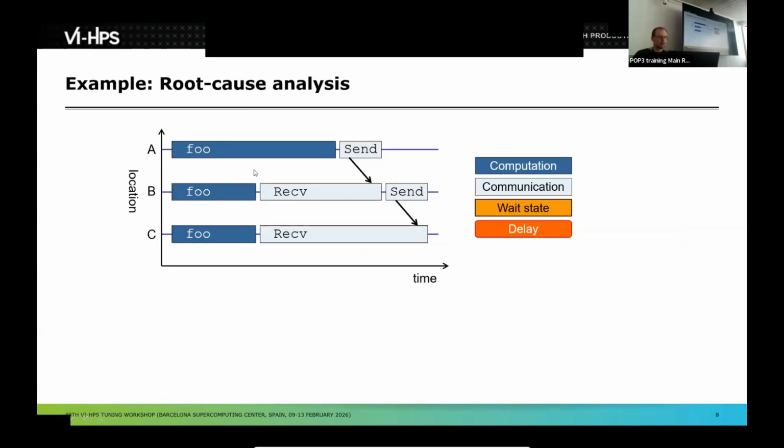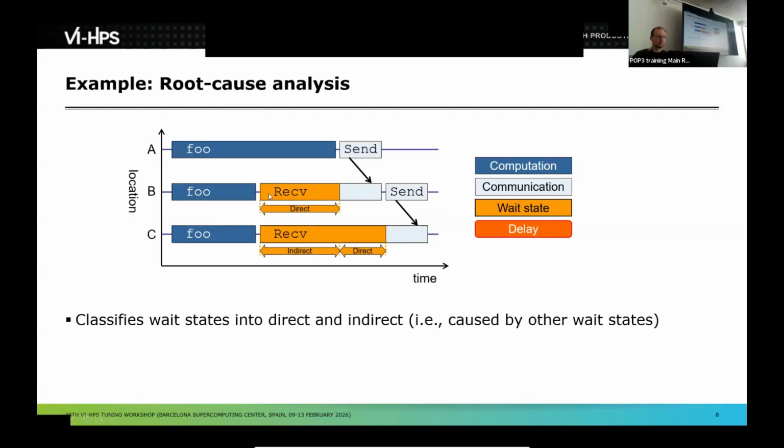The third part is the root cause analysis, where up to now we have basically spoken of the direct wait states that are caused by one specific communication element, where one part has to wait on the other. The first part is the direct wait state that's directly caused by this send to this receive.